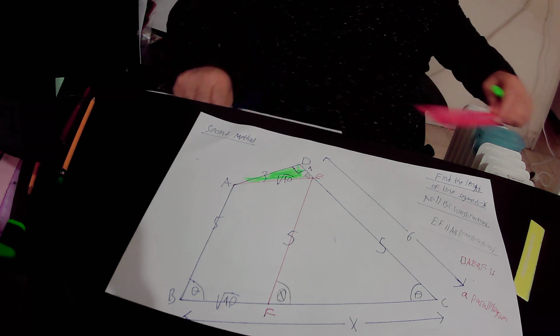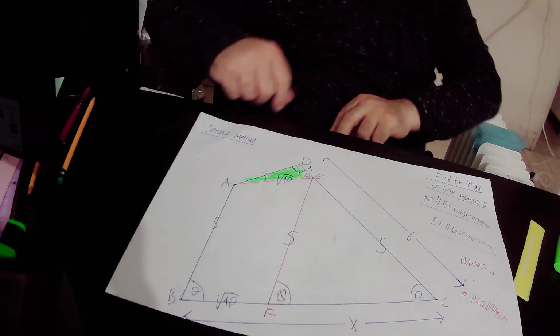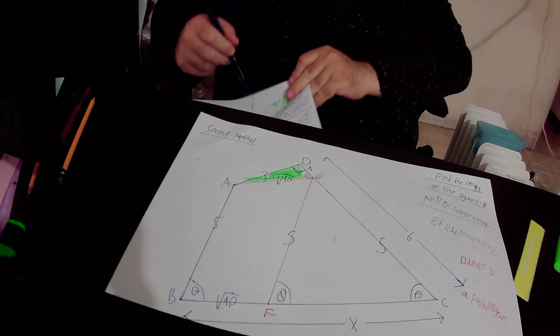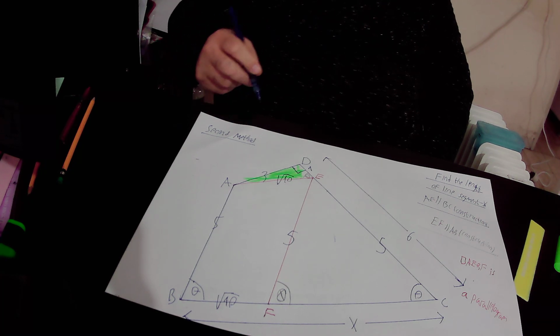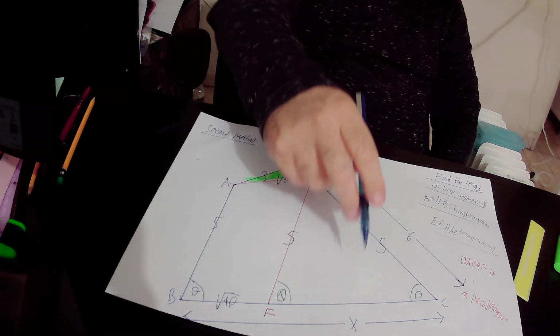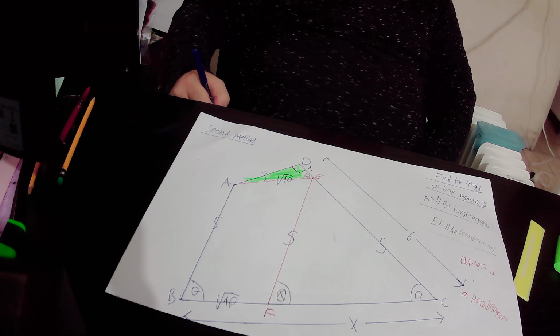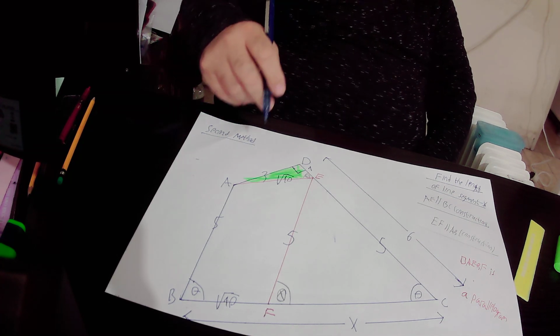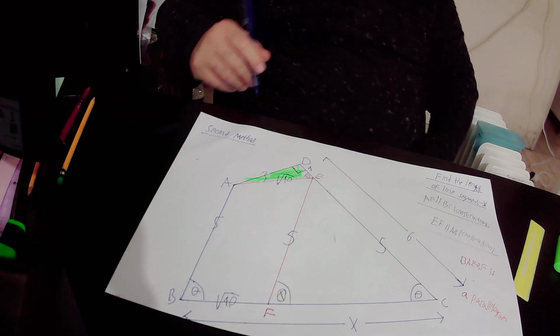I repeat again that BC minus BF equals FC. So FC equals BC, and BC equals X according to what is given in the question, minus BF. And we just found out that BF equals the square root of 10 units.